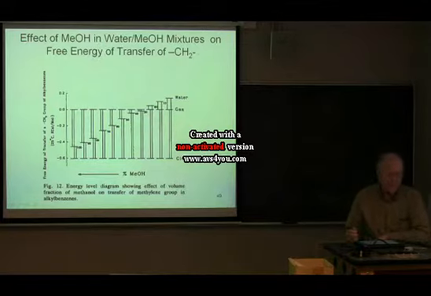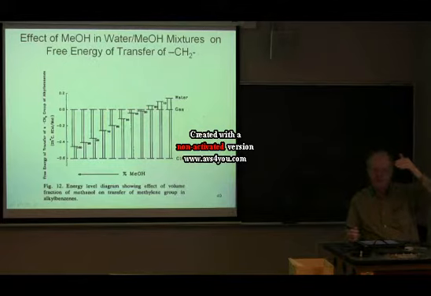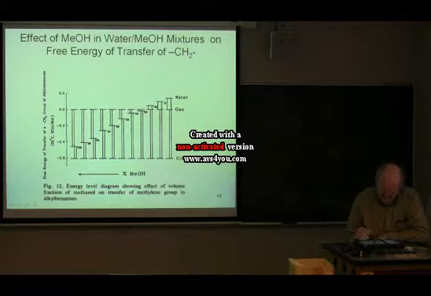We can do the same experiment of water-methanol into hexadecane. And we can do that as we vary the amount of methanol. Here's pure water. This is 10% methanol, 90% water. This is 100% methanol. This is gas phase.